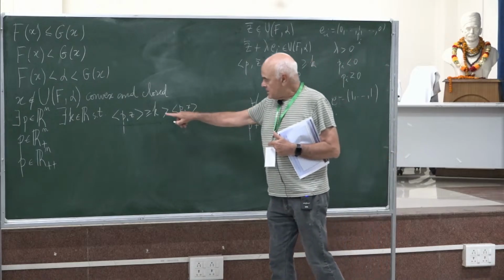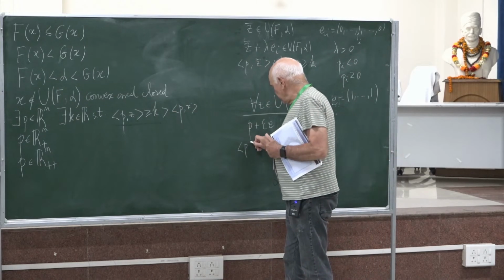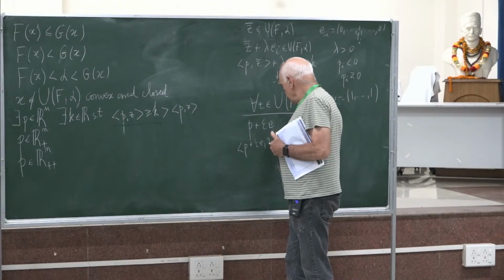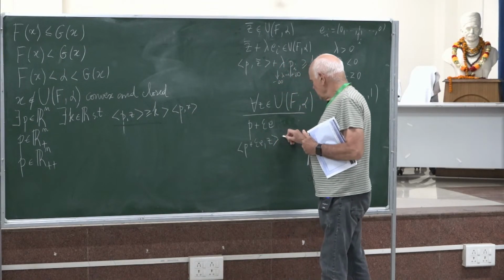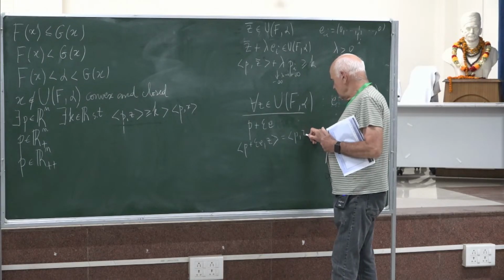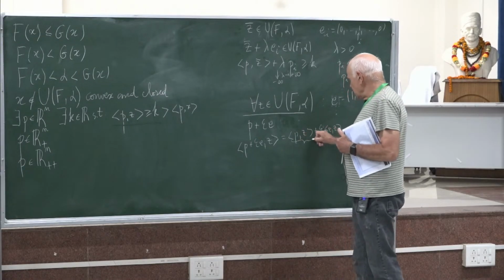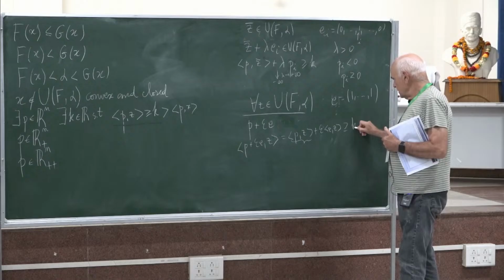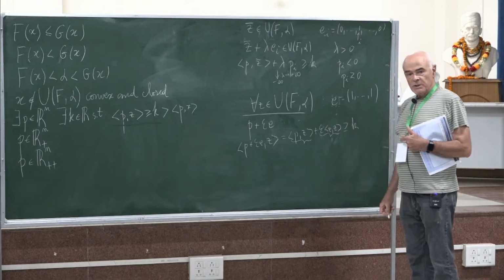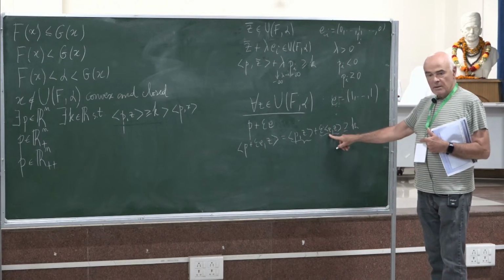Because for the left-hand side, we have P plus epsilon E Z equals Pz plus epsilon Ez. This is greater than or equal to K, and this is greater than or equal to 0, because everything here is positive.